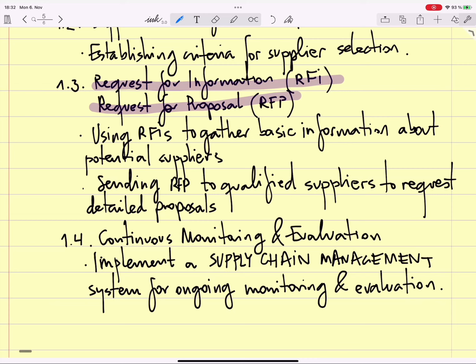Think about the topic above, Hoshin Kanri and so on. Okay?